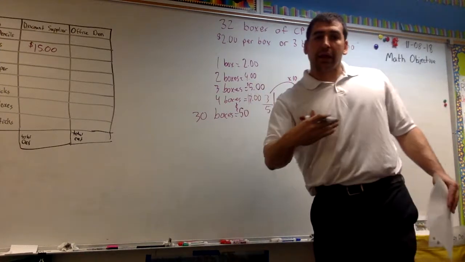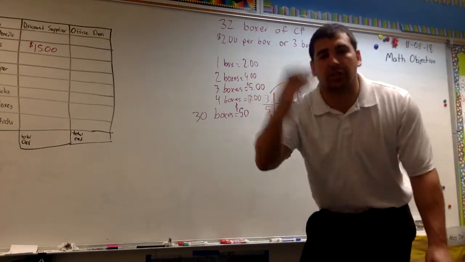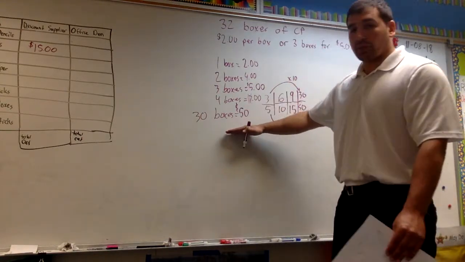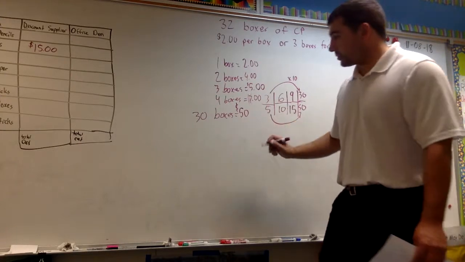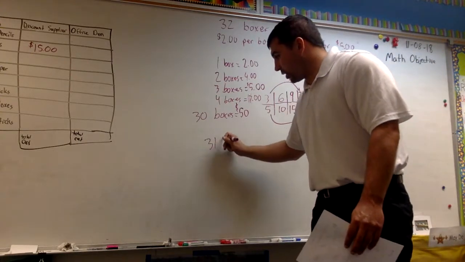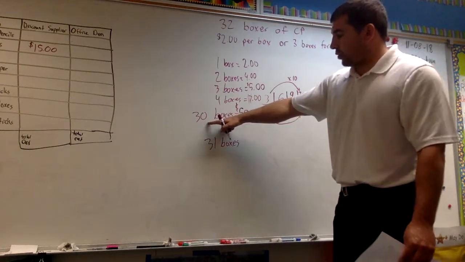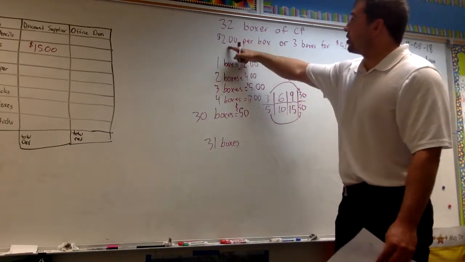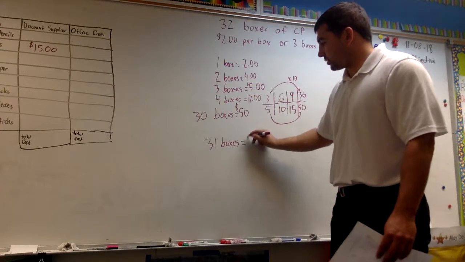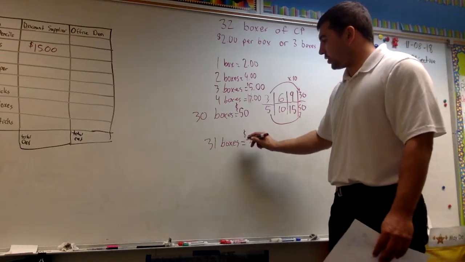Okay, so they're trying to incentivize you. That means they're trying to get you to buy more boxes. So we know 30 boxes is $50. Now, if we get 31 boxes, well, we're getting 1 more box. It's going to cost $2 more, $52.